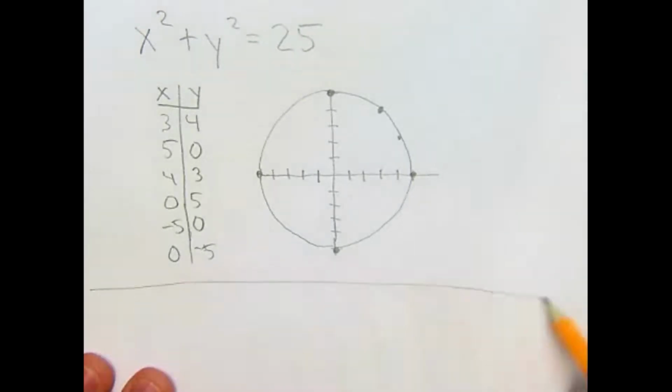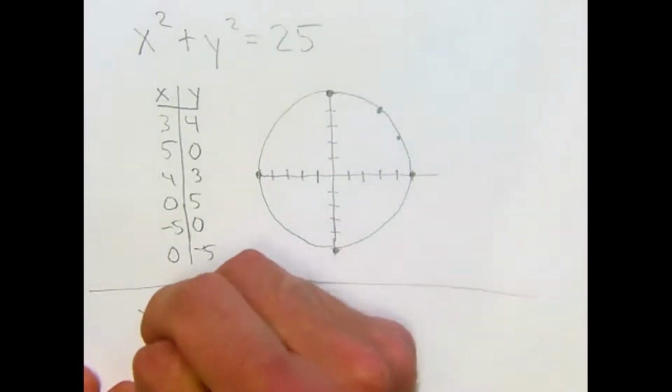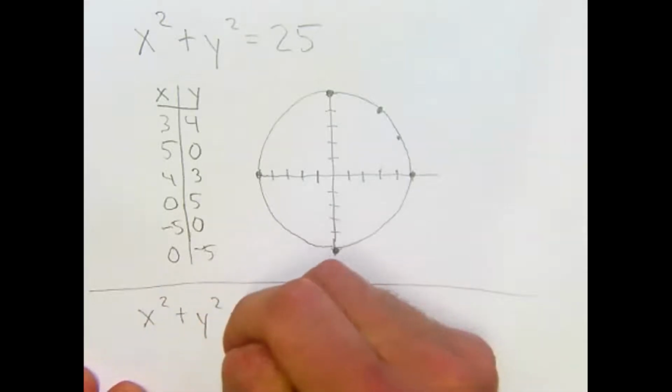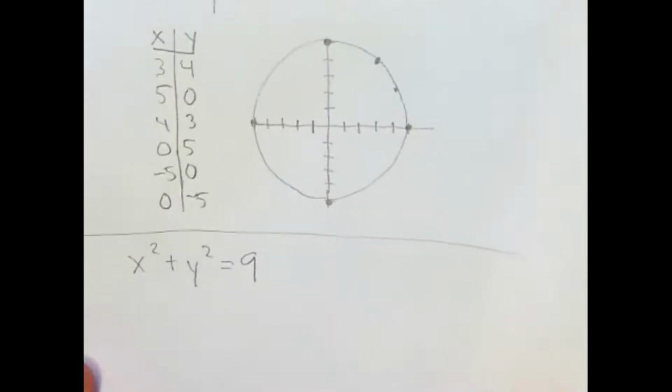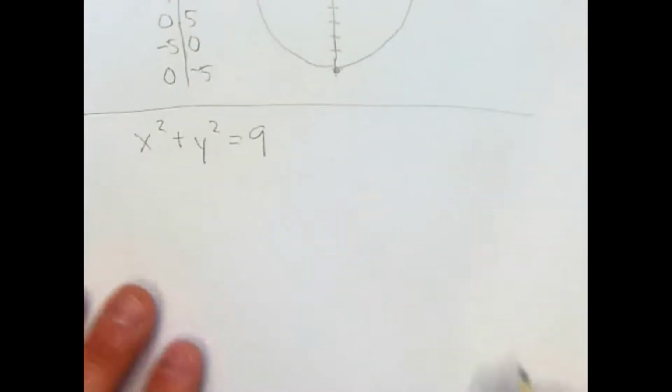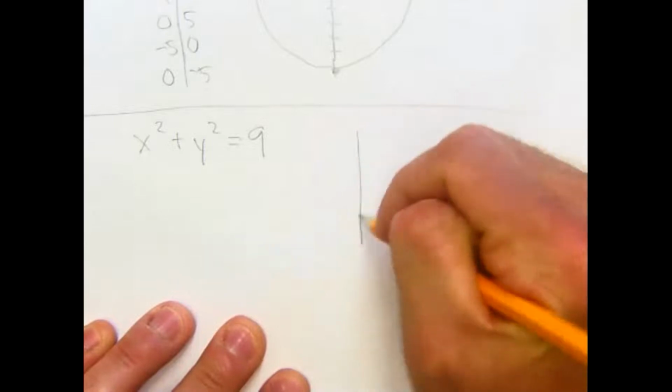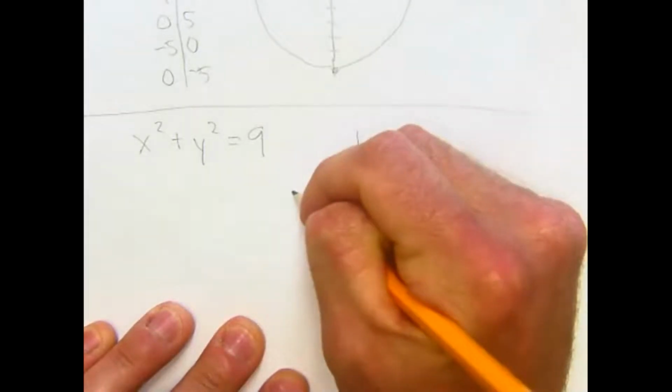Okay. What if I said x squared plus y squared equals 9? That's also going to be a circle. What will that circle look like though? Maybe we don't even need to make the table.